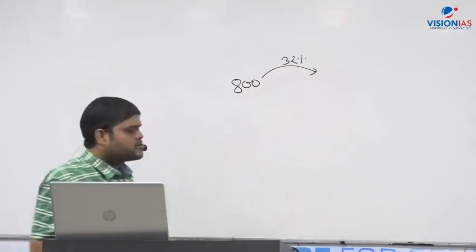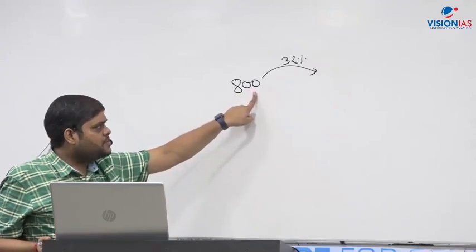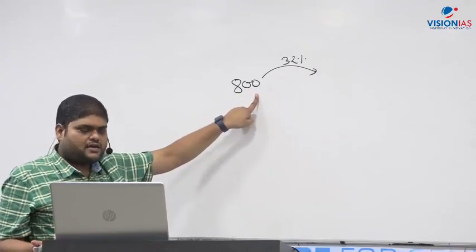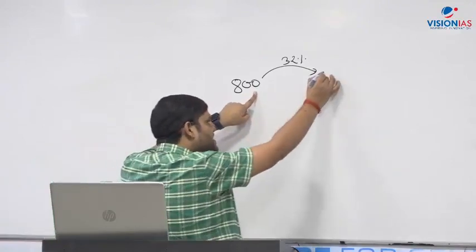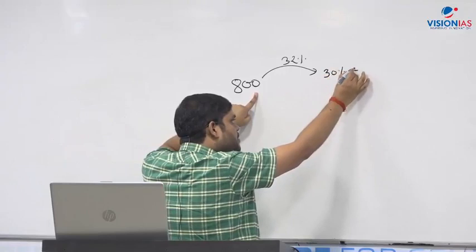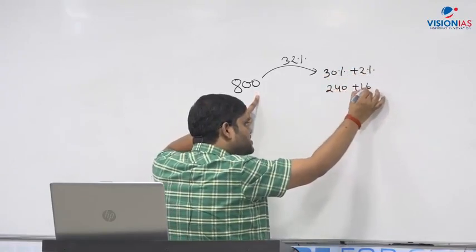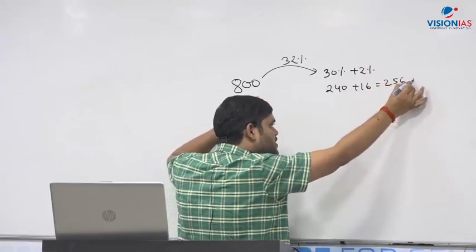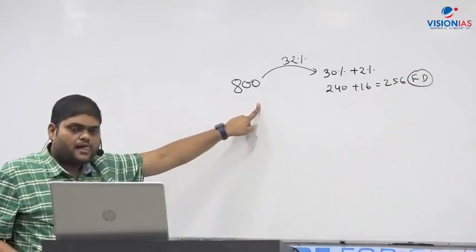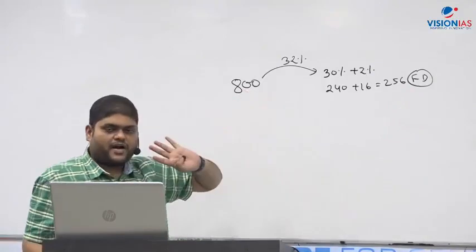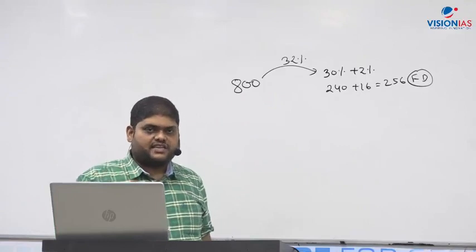So we can find out 32%. 10% is 80, 30% is 240. So we can say 30% plus 2%, so 240 plus 16, that means 256 got first division. This is one part of the question. Second is 38% got second division.